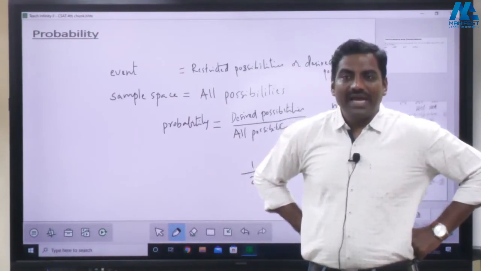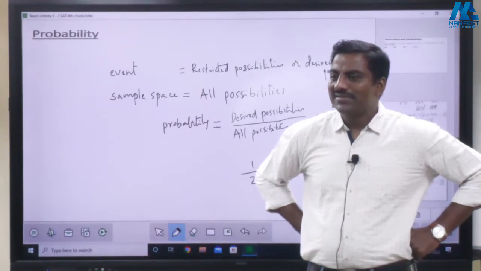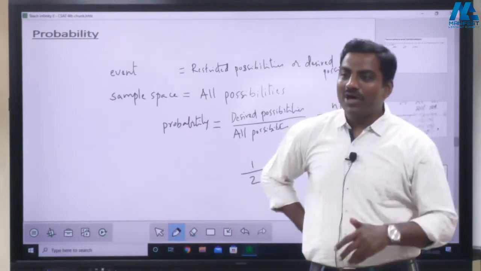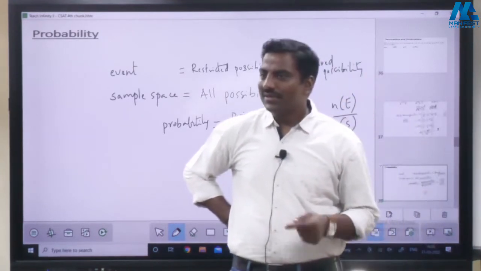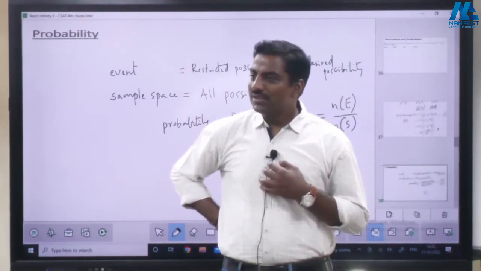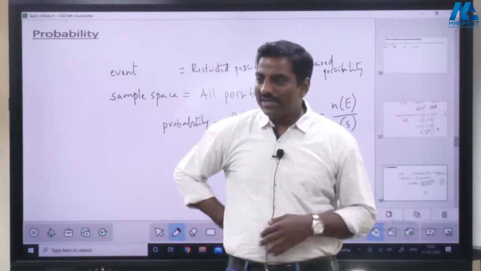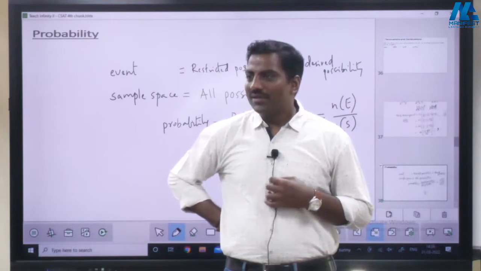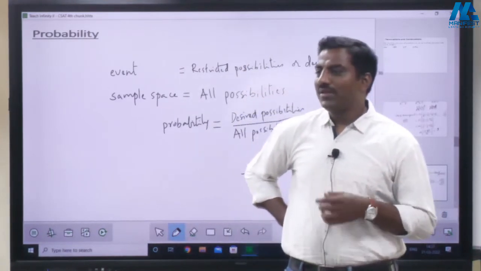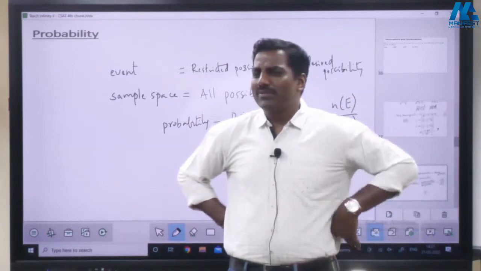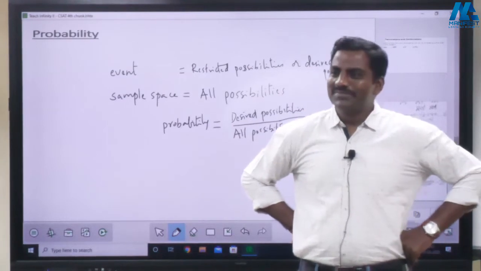Now if I call, what are the chances of getting either head or tail? Anyway, you flip a coin, it has to be either head or tail. The possibility is one. So when you go to a bus stop and ask the person there whether this bus has gone, that person will say, this bus might have gone.